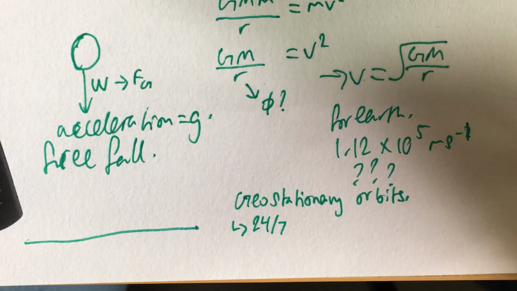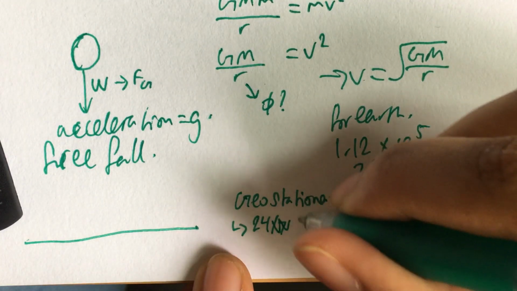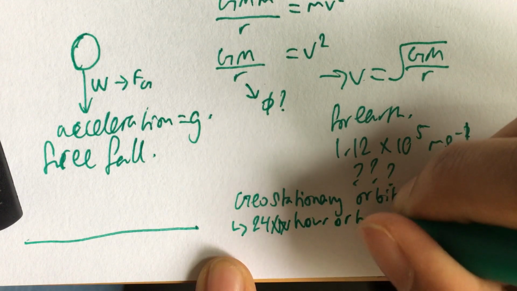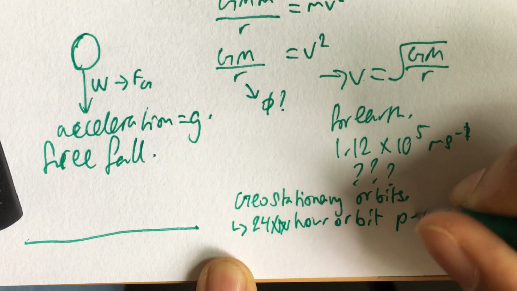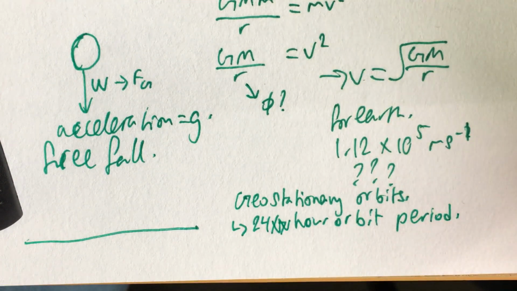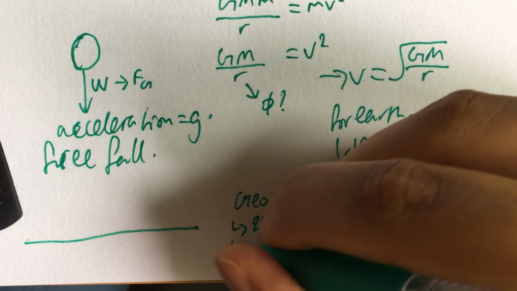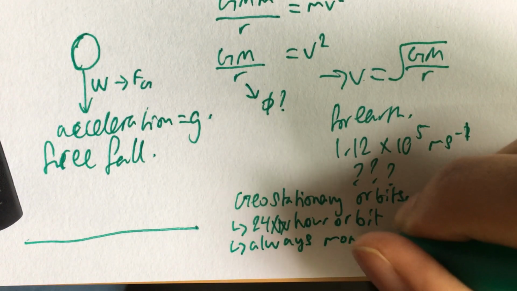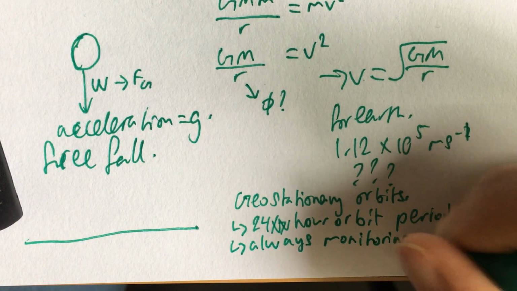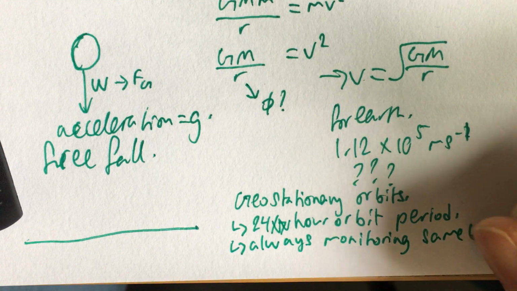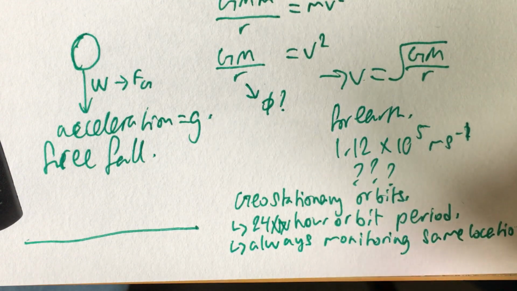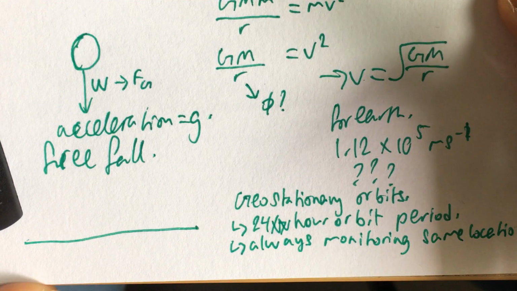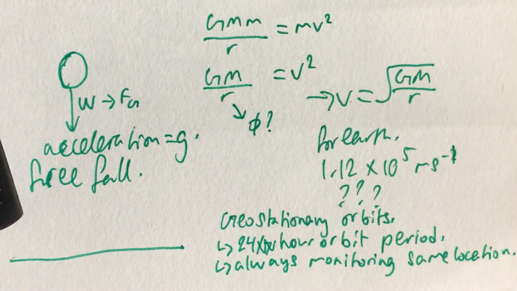I do know there's one whose orbit is 24 hours long, and since the orbit is 24 hours long, it is always monitoring the exact same spot if it's moving along with the rotation of the Earth. So that's one of the satellites. And then there's another one that's further away, another one that's nearer and all that stuff. So look at your school notes for this.